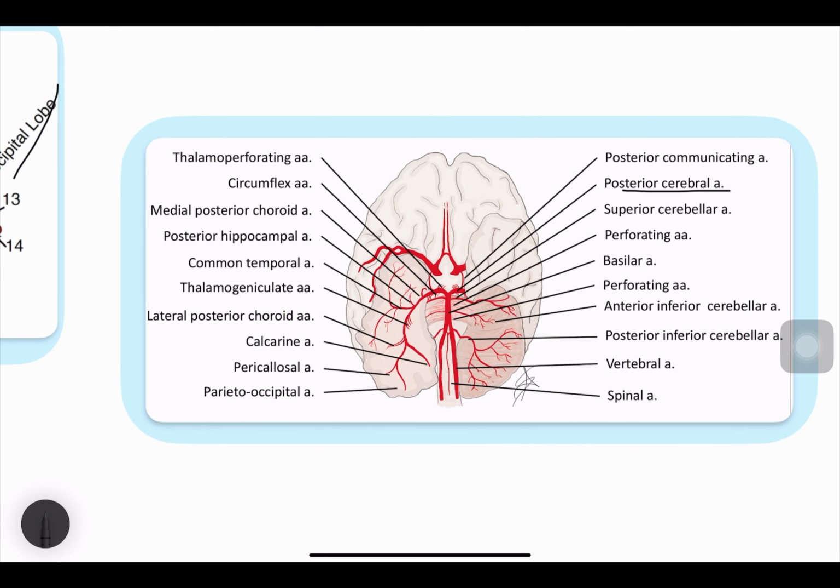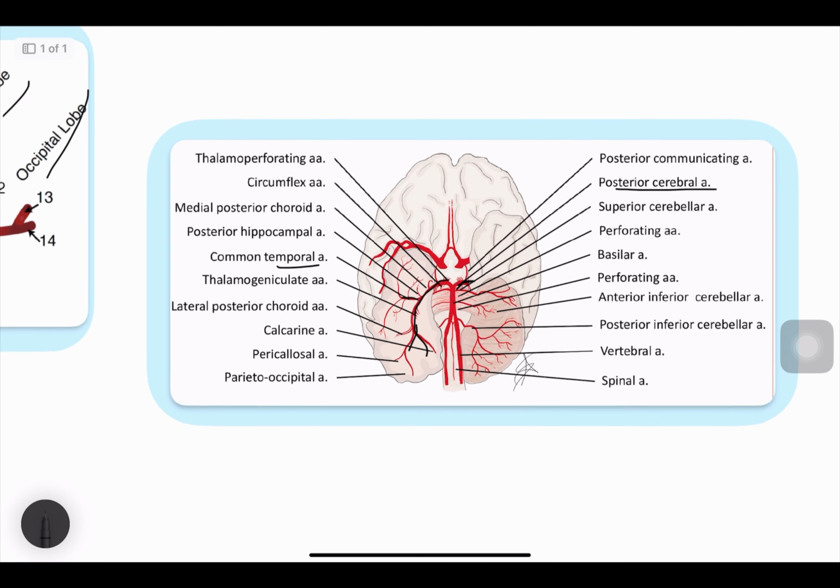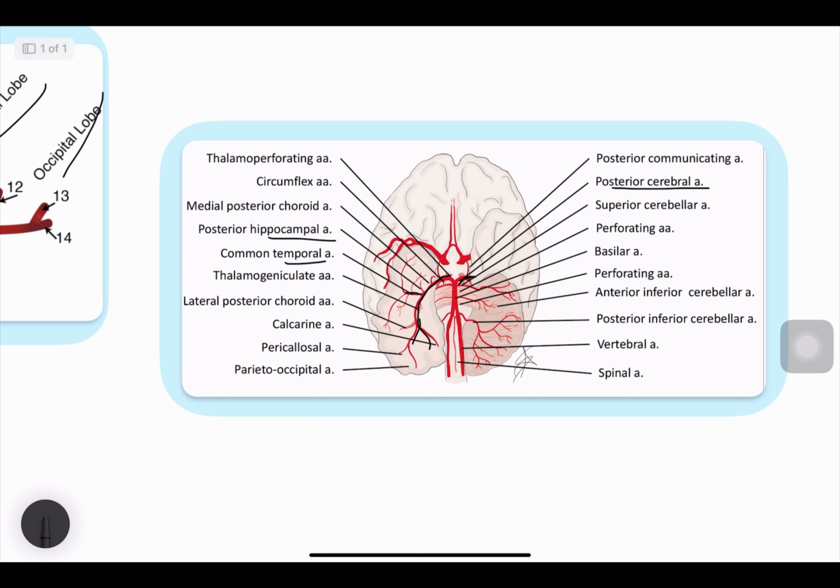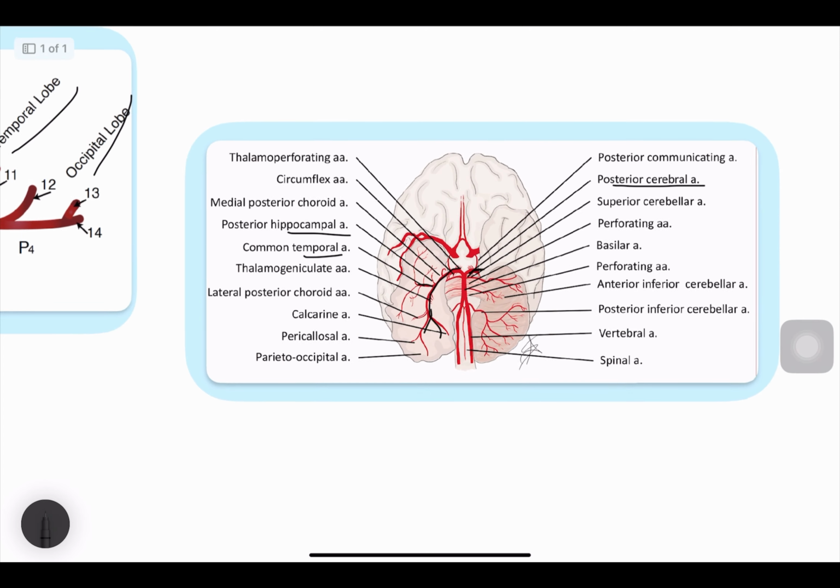So in this picture we can see the posterior cerebral artery giving off branches which supply the temporal regions, occipital regions and other regions like the thalamus.